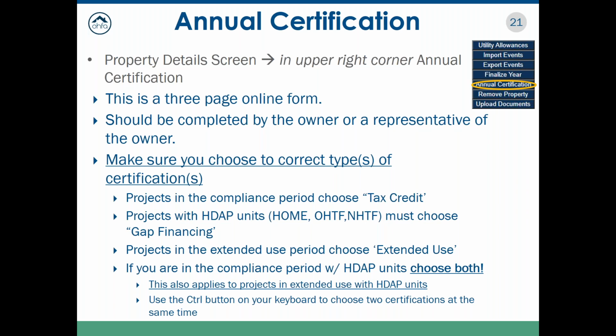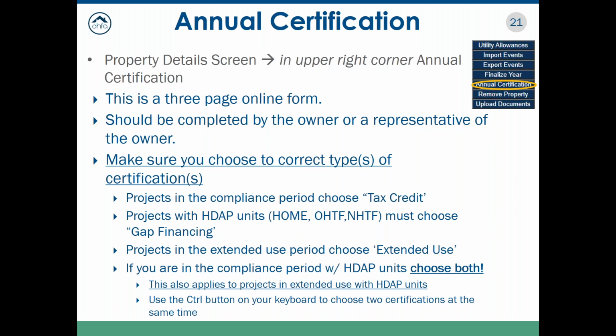But the big thing here is that you want to make sure you are choosing the correct certification type. If you are in the compliance period, so that means the first 15 years of LIHTC funding, you want to click the tax credit certification. If you have any HDAP units, you want to click gap financing.